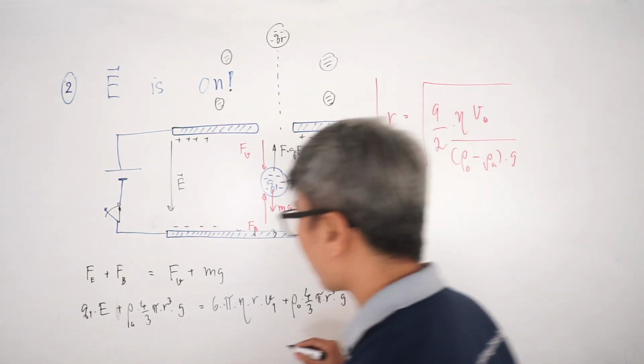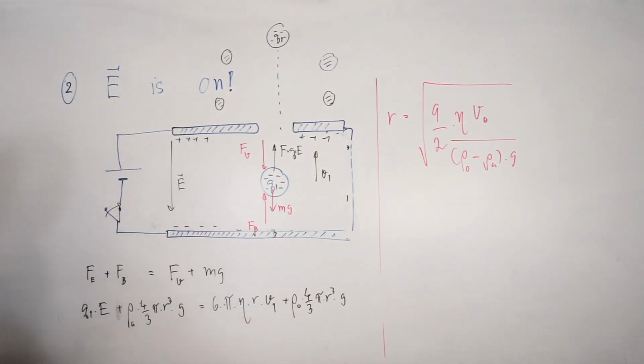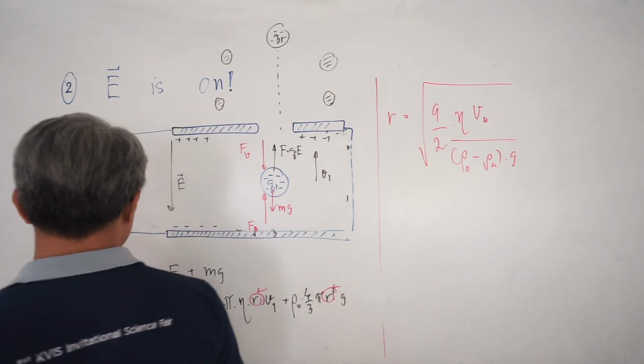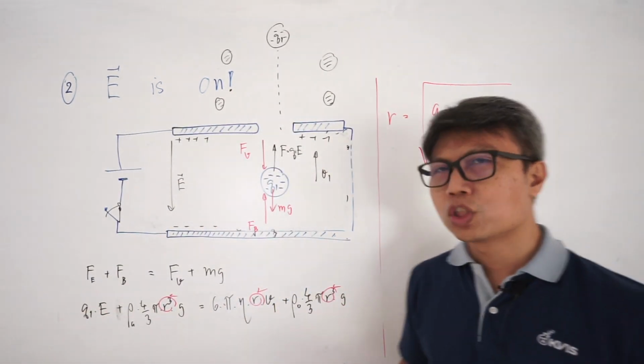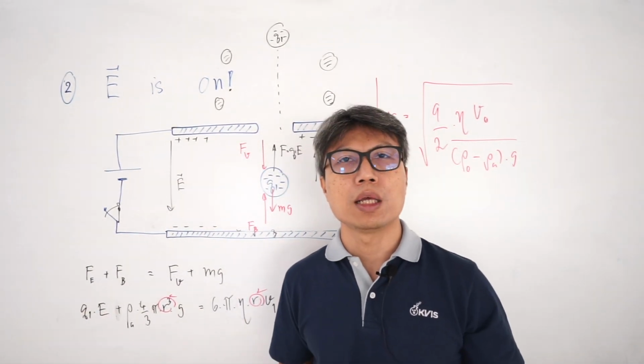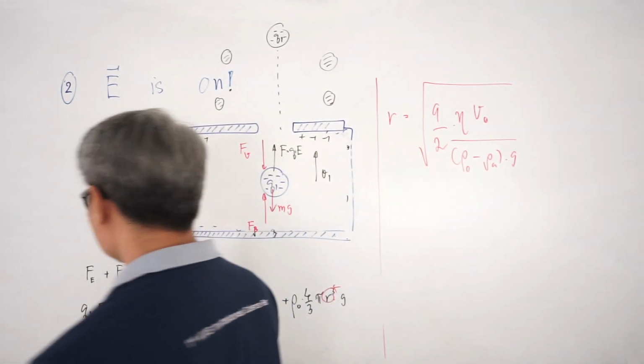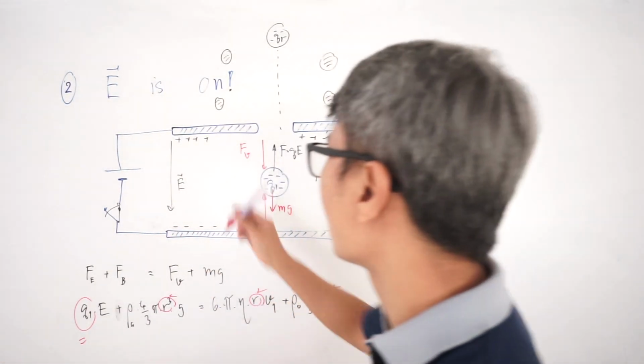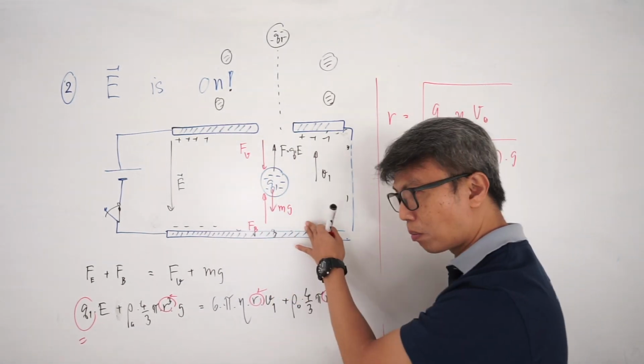Okay, when we look closer at this equation of motion, we know these values already. Now we know the radius of the drop already, and from this step, which parameter do we want to calculate? Definitely we want to calculate the charge of the oil drop from the atomizer.